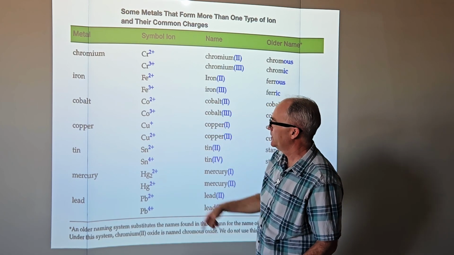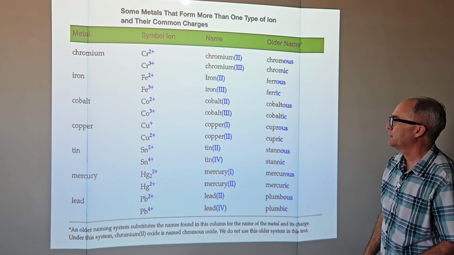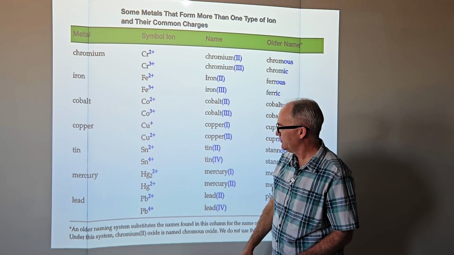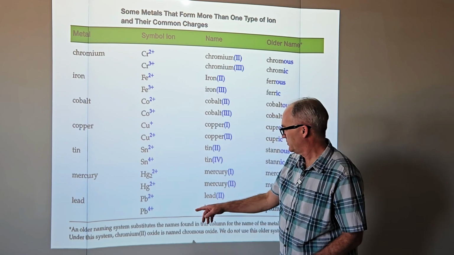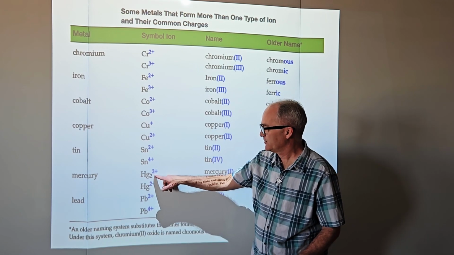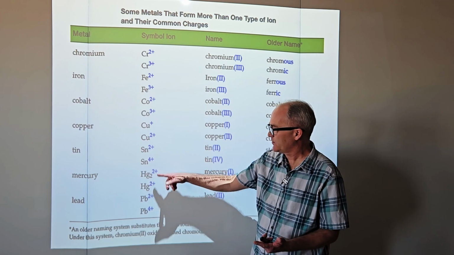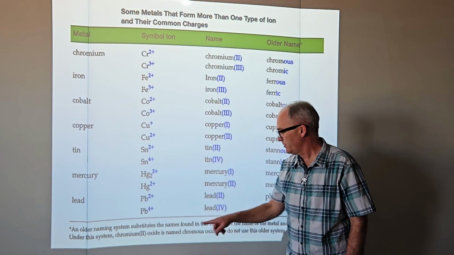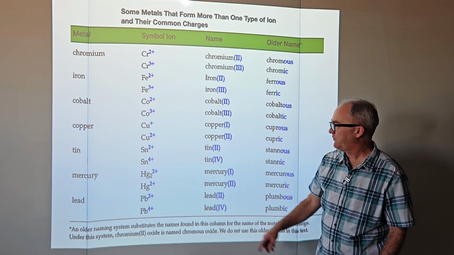Iron 2, iron 3, cobalt 2, cobalt 3, copper 1, copper 2, tin 2, tin 4, mercury 2, the mercurous ion. It's very curious. There's 2 stuck together, so the overall charge is 2. We won't worry about that a whole lot right now. Mercury 2, lead 2, lead 4.